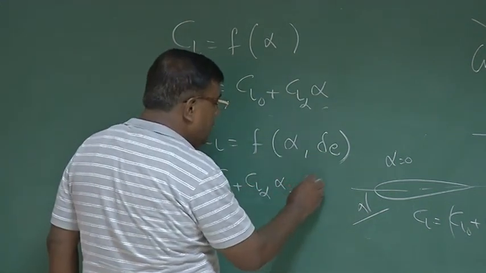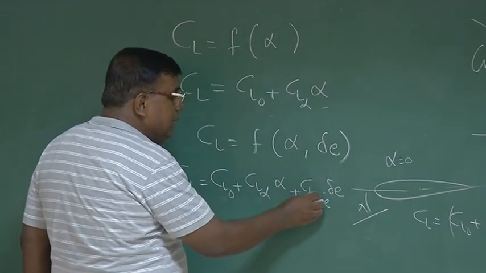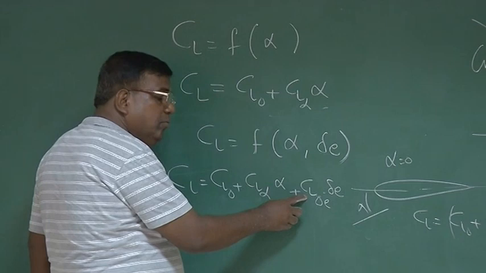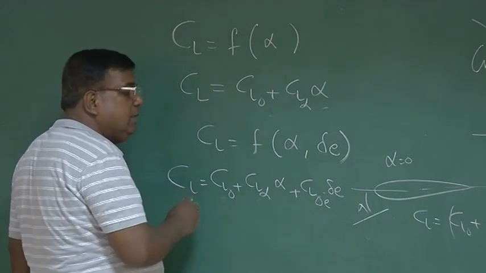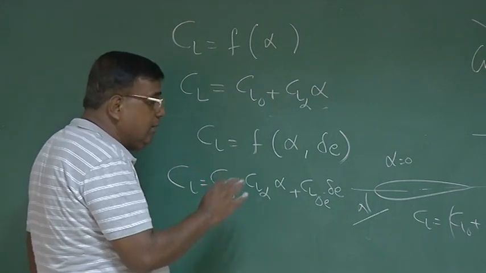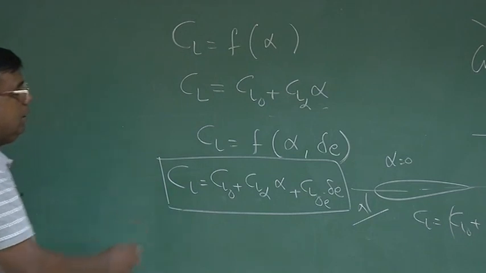Then add CL delta E into delta E. CL delta E means how much change in CL because of unit deflection of delta E, holding other things constant, no change in alpha. So this will give me a description of CL.